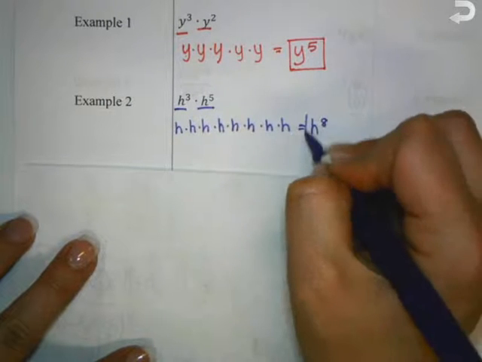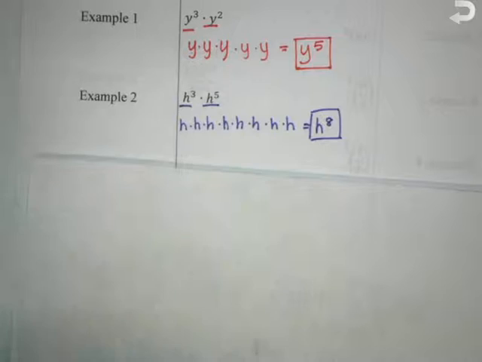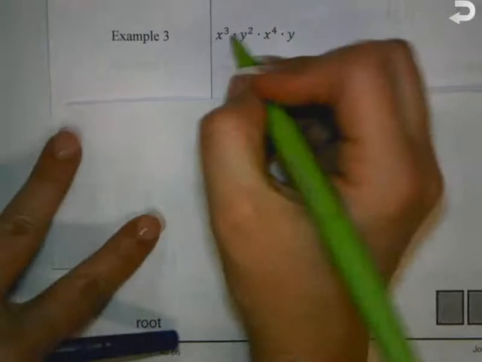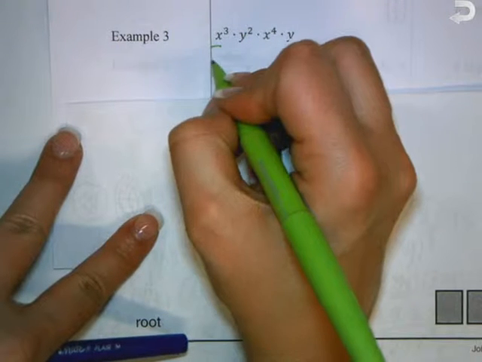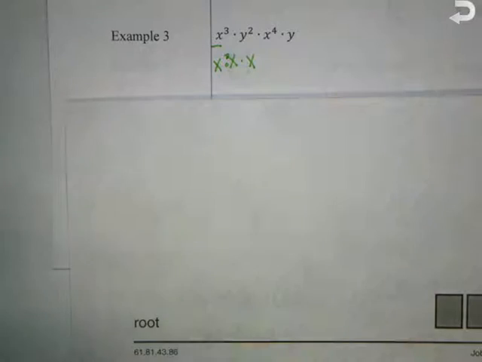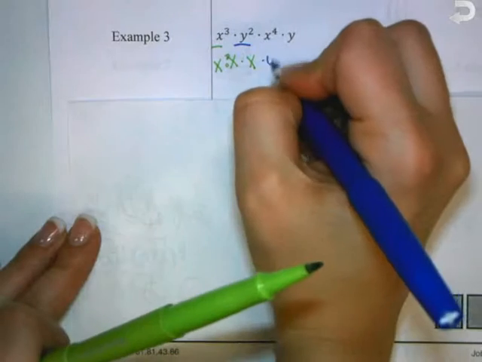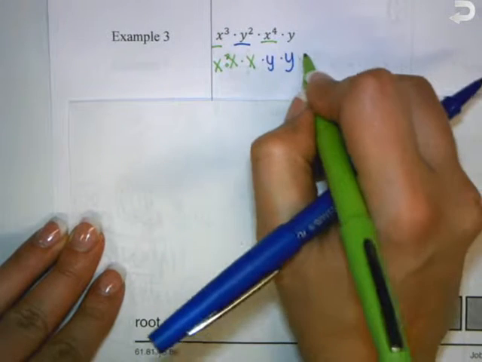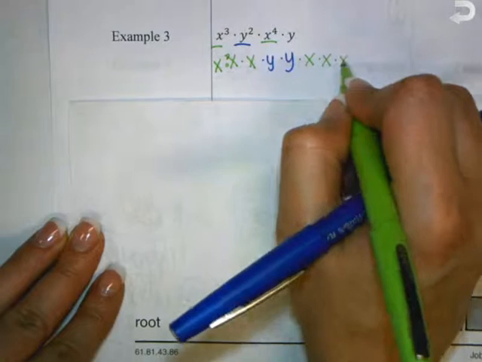For example 3, I actually have two different bases. What are they? X and y. So the first thing I'm going to do is write out all of the x's. X to the third is x times x times x. Y squared is y times y. X to the fourth is x times x times x times x, times y.